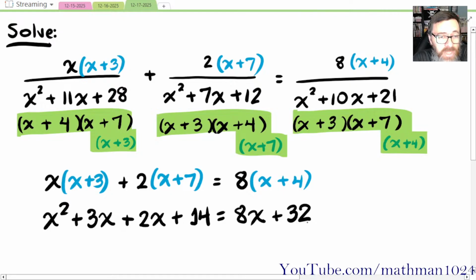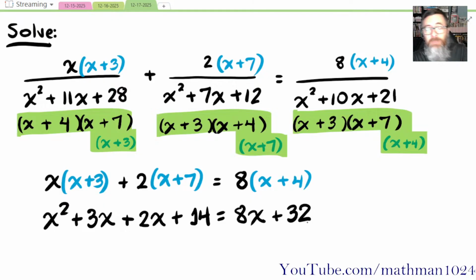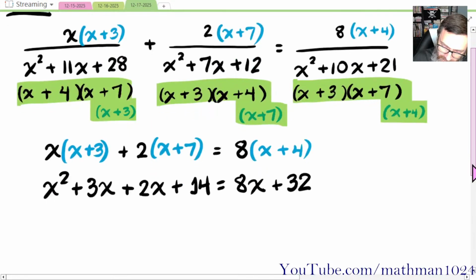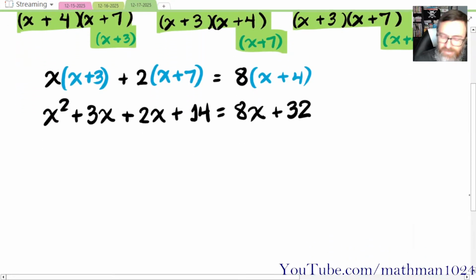Now, a quick look at this and you'll see that we have an x squared term. And that's the only x squared term that we have, so it's not going to be eliminated or canceled out with anything else. So we do have something that's quadratic. And because we have something quadratic, we should be thinking about solving a quadratic equation, which means we want everybody to be on the same side. Before I do that, you might find it helpful to go ahead and combine like terms on the left: 3x and 2x is 5x.